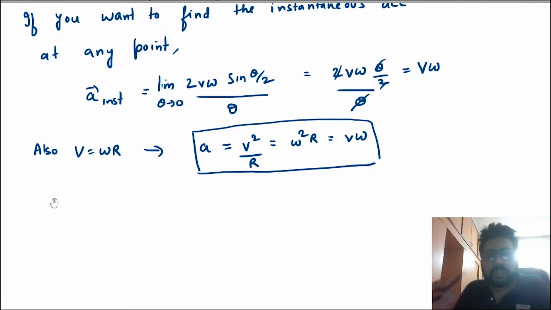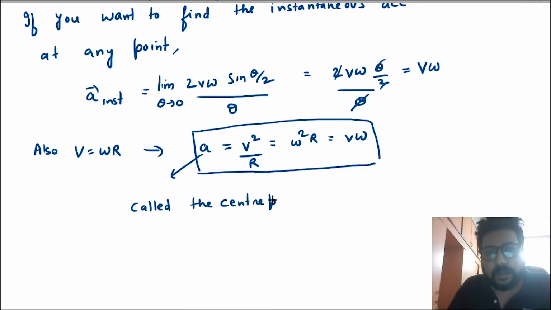Now you know that the speed is not changing here. If the speed is not changing, that means this acceleration is because of the change in direction. The acceleration due to change in direction is called the centripetal acceleration.